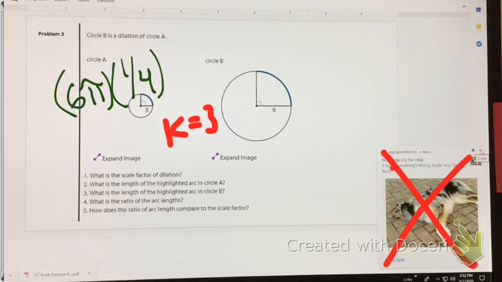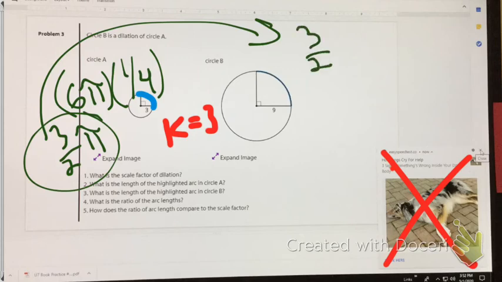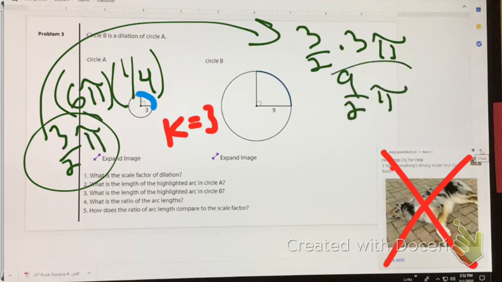So in this case, this little tiny arc right there is going to be 6/4 pi, or 3/2. So that's our little guy. Now, if we follow the rule and we say that's a scale factor of 3, over here it should just be 3/2 times 3 pi, or 9/2 pi. That should be what happens.